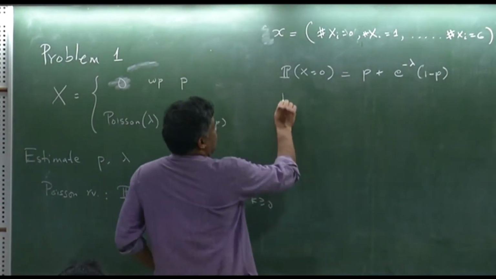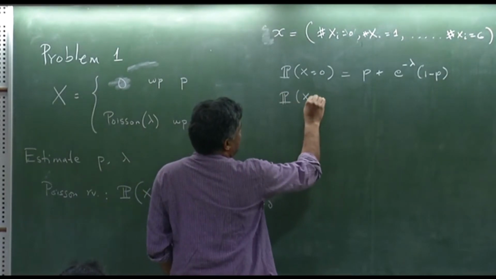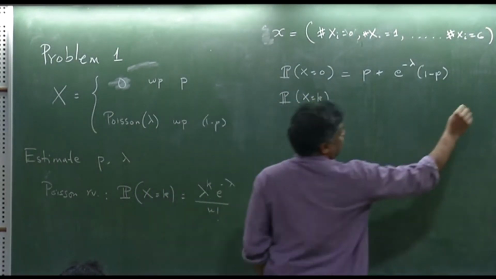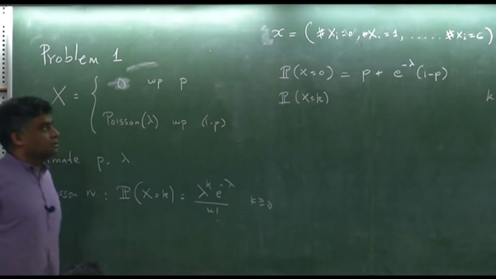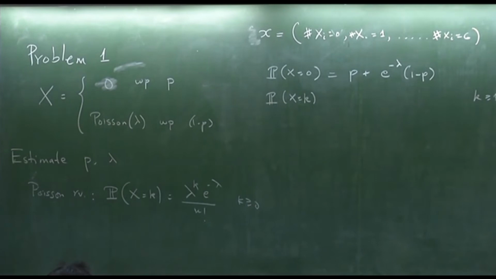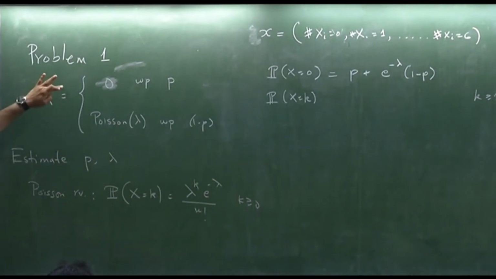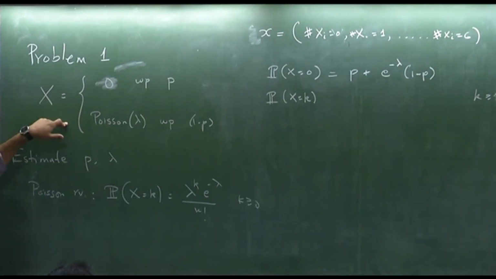Perfect. What about probability of x is equal to k for k greater than or equal to 1? What will be the probability of x is equal to k for k greater than or equal to 1? Can we get that from here? No. We'll get only there. So first I have to land myself here. And that happens with what?